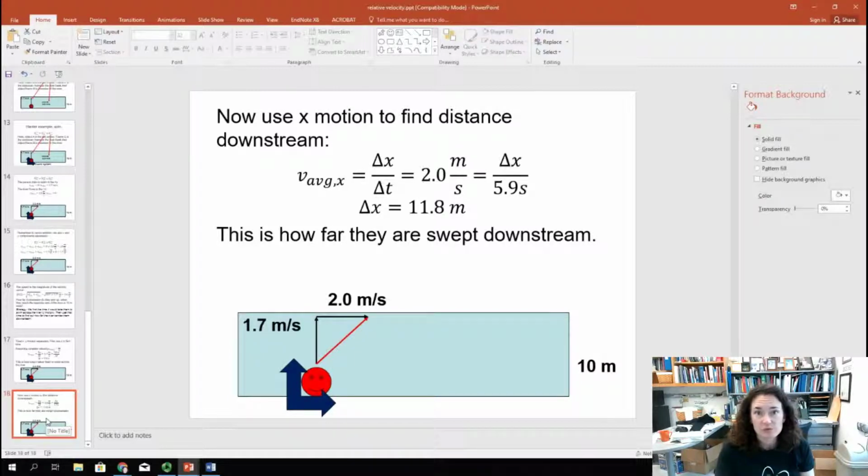The velocity of the river, remember, is 2 meters per second. So by cross multiplying, you can solve for delta x, and delta x gives you 11.8 meters. So that's how far the person is swept downstream while they're swimming. So when they finish, they end up across the river, sure, but about 11.8 meters downstream from where they started according to the origin. I hope that's clear.